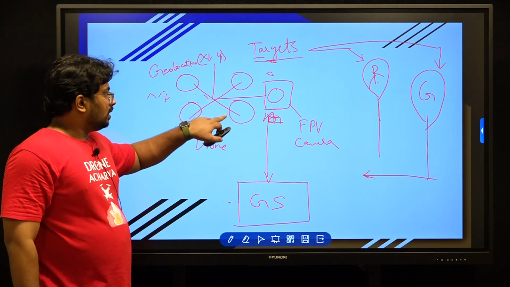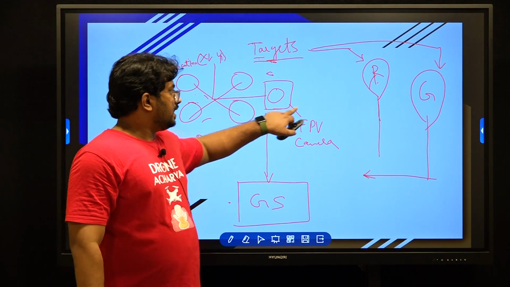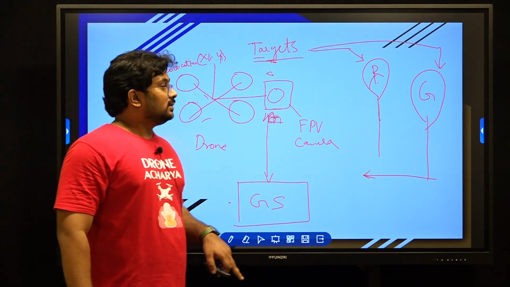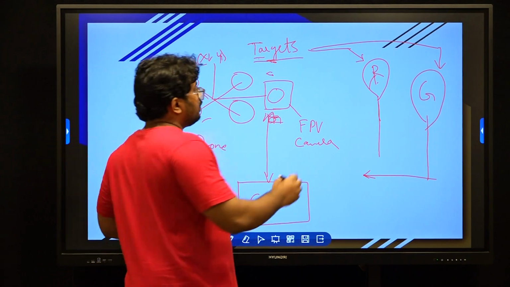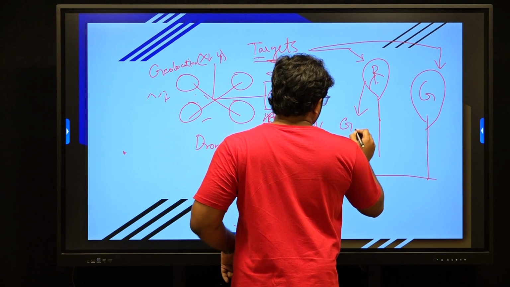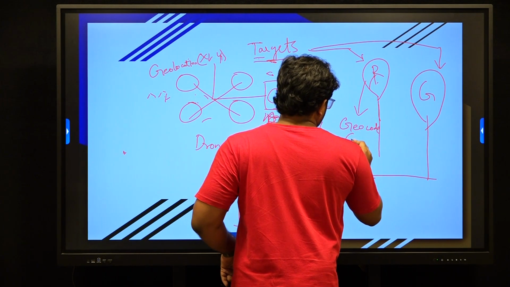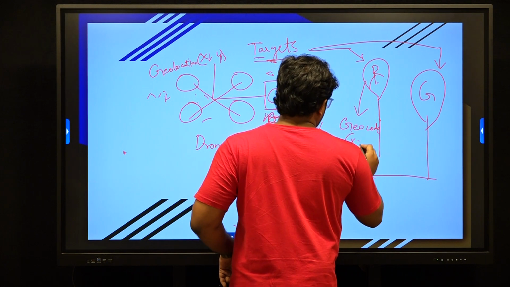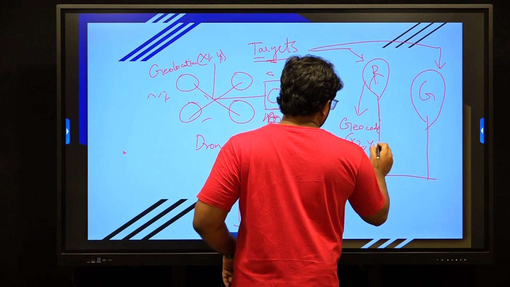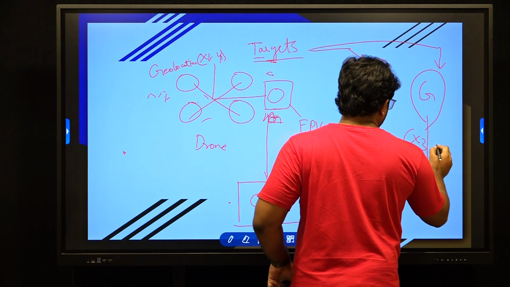Whenever the camera identifies that there is a red balloon, we have to calculate its geocode here. Imagine we have a geocode of x2, y2 and this is x3, y3.